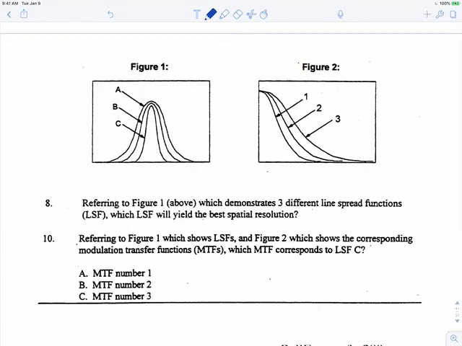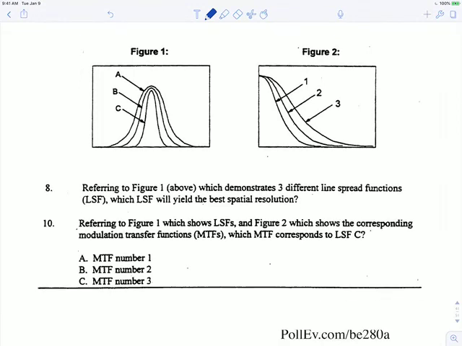Okay, so let's do an experiment here. The website you want to go to is pollev.com BE280A. If you can try that, there is now a poll that should be viewable.